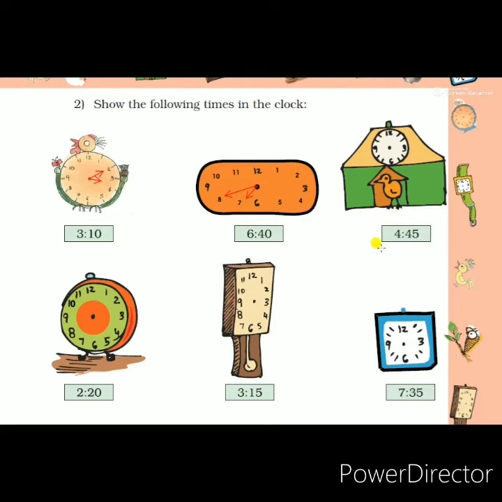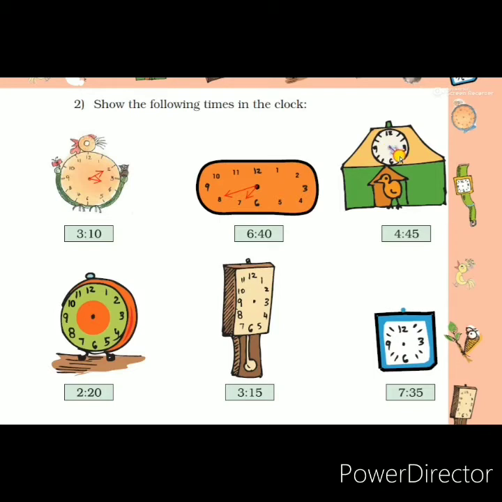Now see the third clock. The third clock is asking us to show the time 4:45, 4 hours 45 minutes. So where should the hour hand be? It should be between 4 and 5, because the hour hand has moved away from 4.